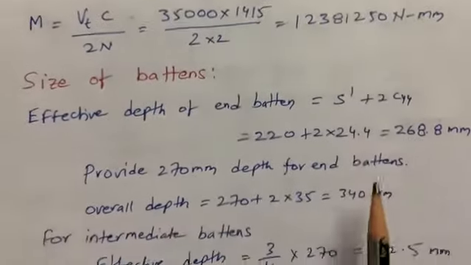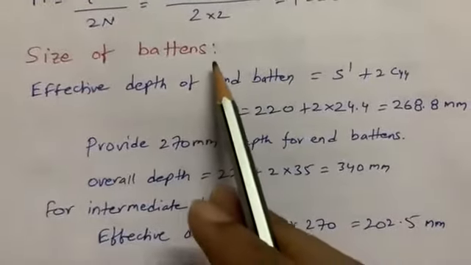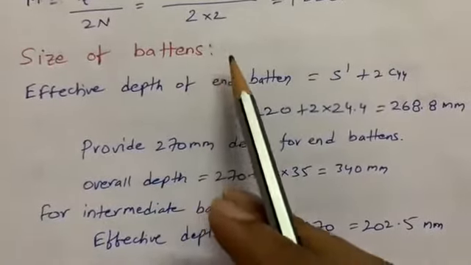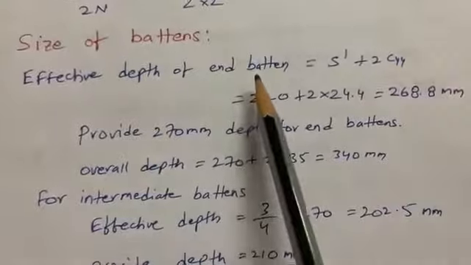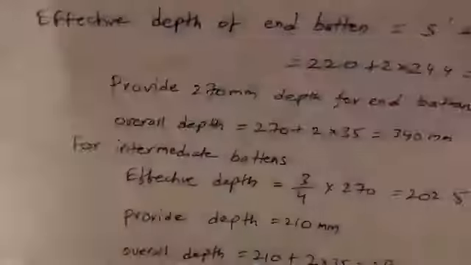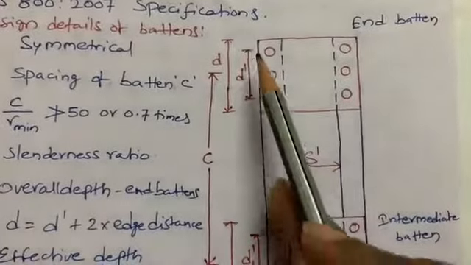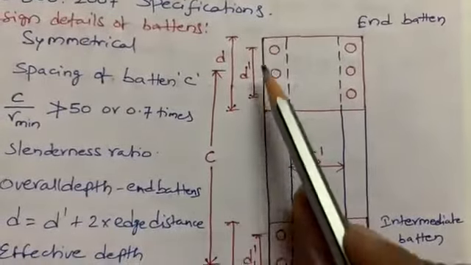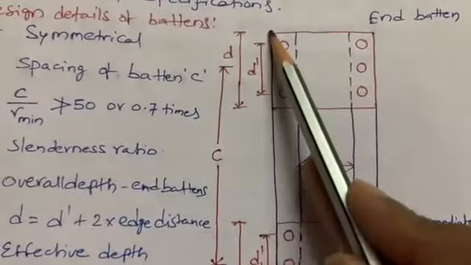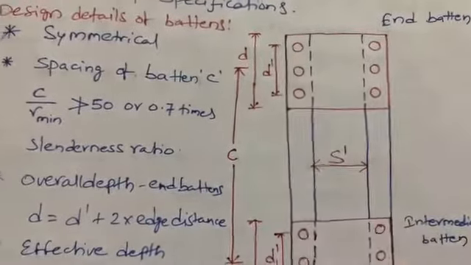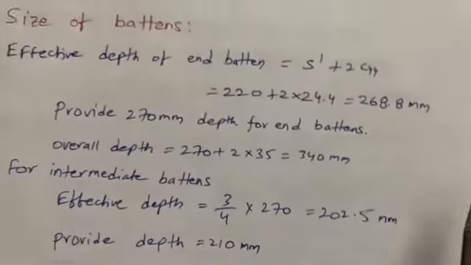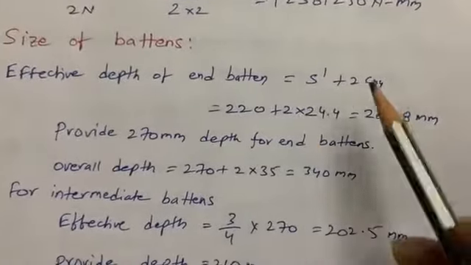Okay, after that we need to calculate the size of the battens. For the size of the battens, first we need to find out the effective depth of the end batten. The effective depth of the end batten means, this is the batten plate, this is the effective depth, and this is the overall depth. Overall depth means from here to here, and effective depth means from this point to this point. So for this we need to calculate the effective depth by following the code formulas.